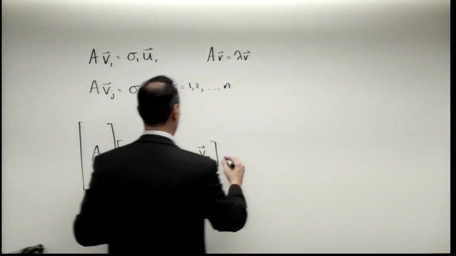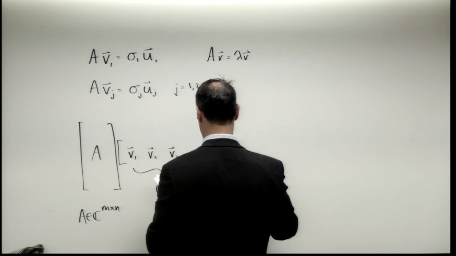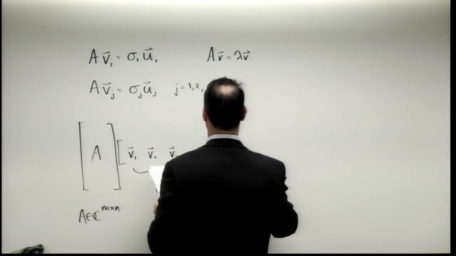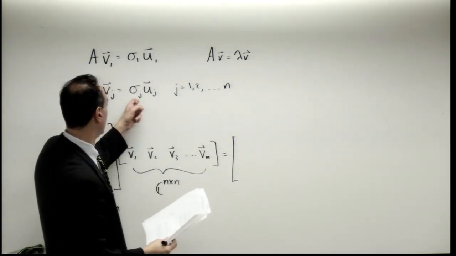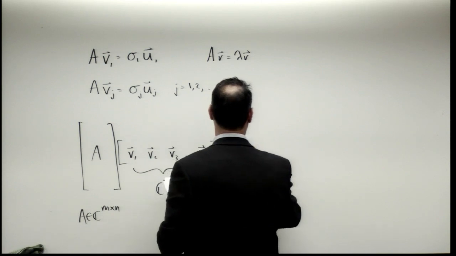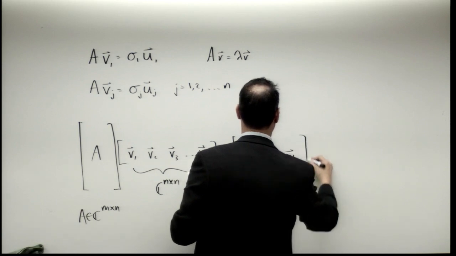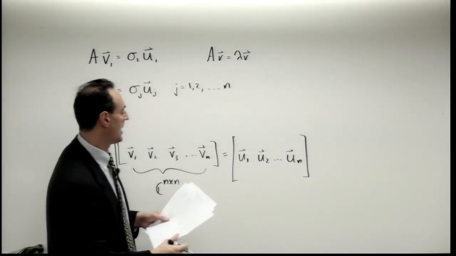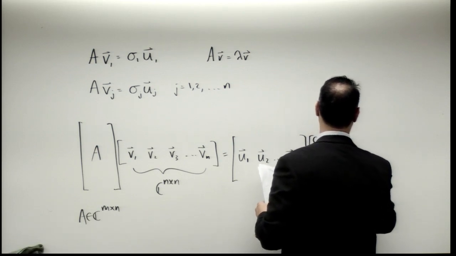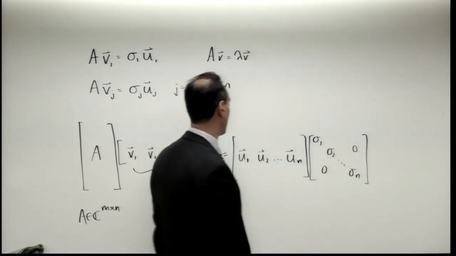It is equal to, let me write it this way, sigma j, u sub j. So first I'm going to put in here u1, u2, all the way to u of n, times a diagonal matrix with sigma 1, sigma 2, all the way to sigma n, 0 everywhere else.